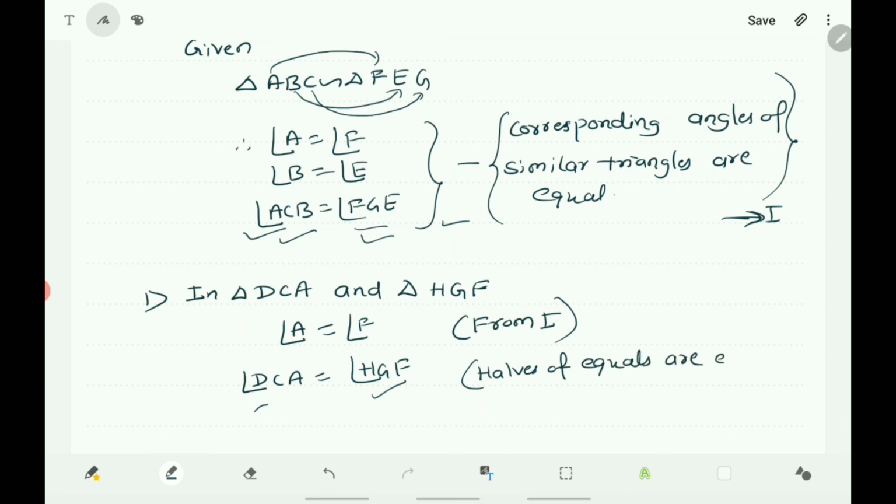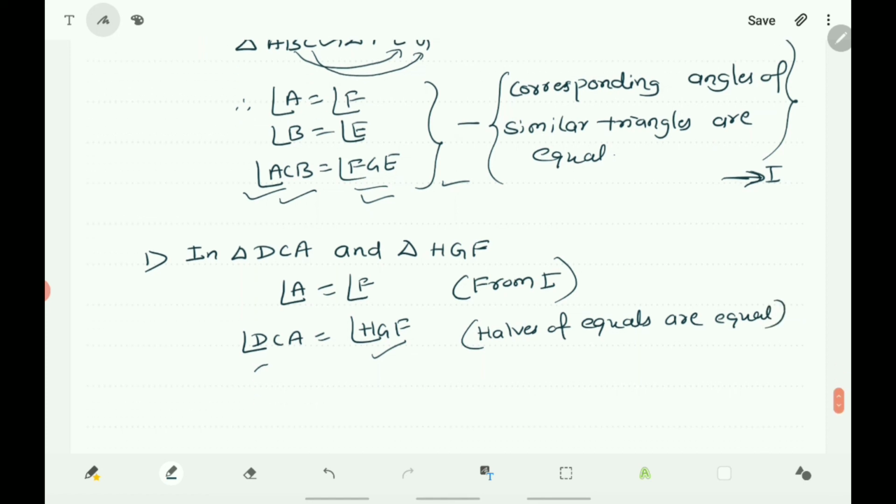So then you can write, here you got two pairs of corresponding angles equal. Therefore you can write triangle DCA is similar to triangle HGF.